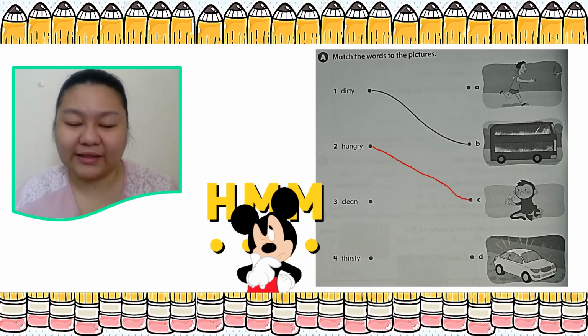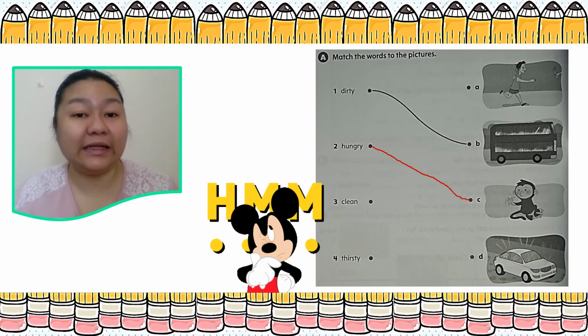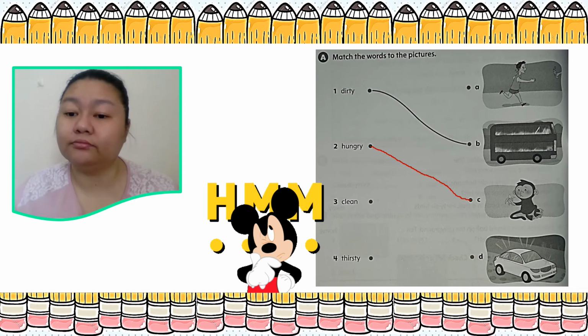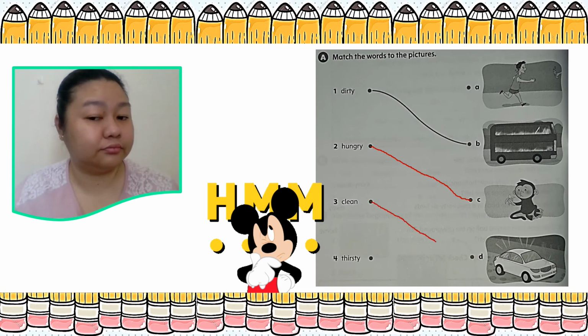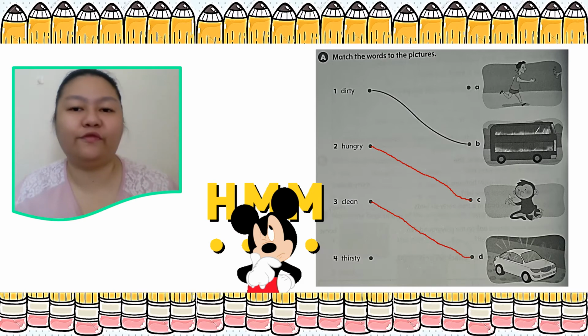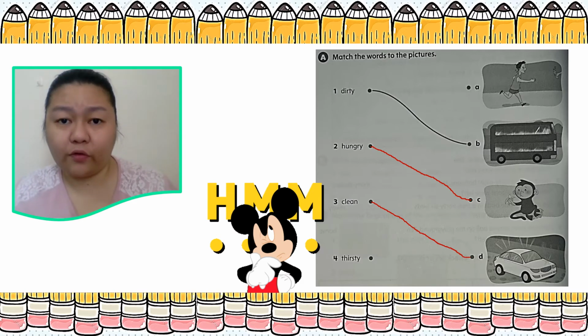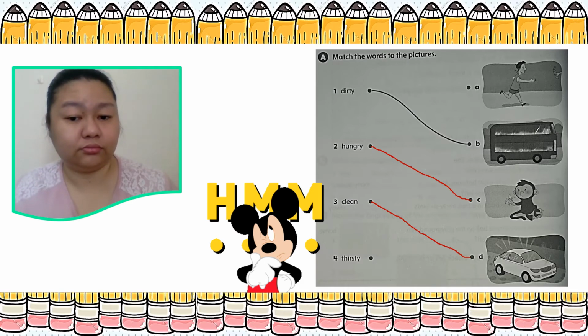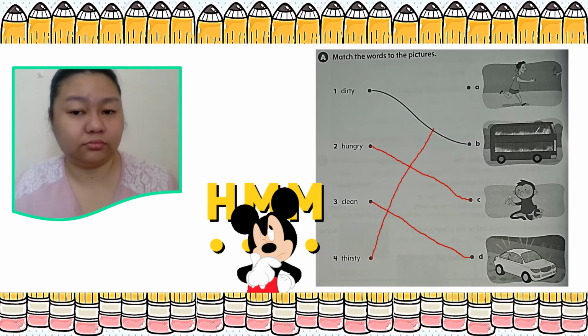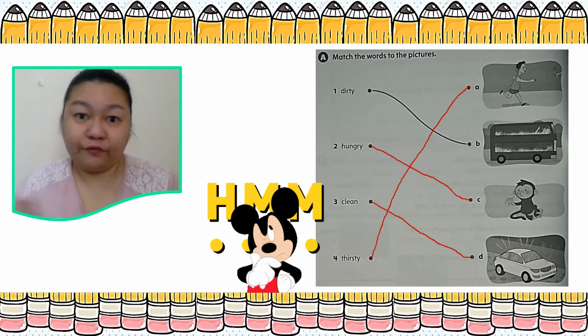Letter C. Now how about for the word clean? Very good. Now for the word thirsty. Correct. See? Very easy, right?